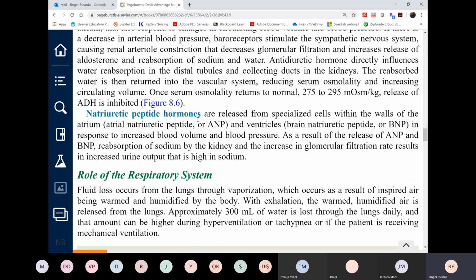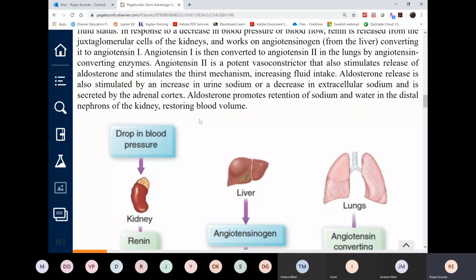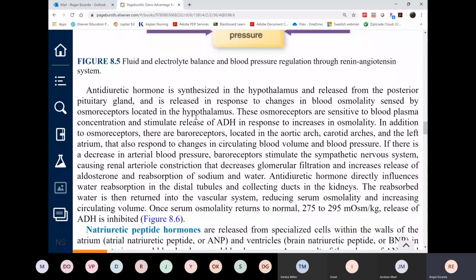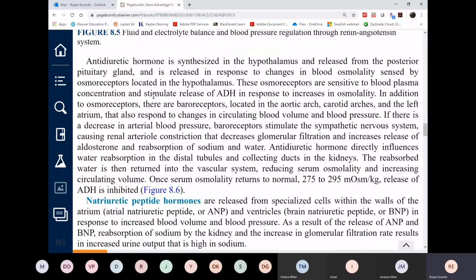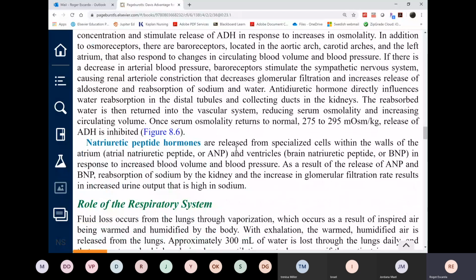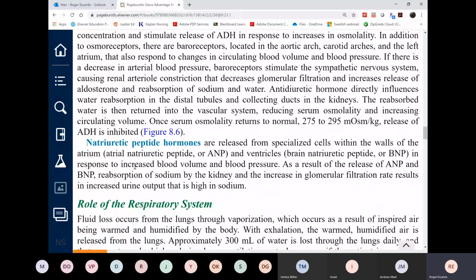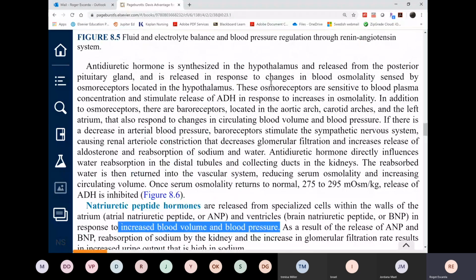So unlike here, wherein your renin-angiotensin system and your antidiuretic hormone release, this one is different because this one is in response to increased blood pressure and blood volume. So this is now the opposite. If you have a condition wherein you are in fluid overload, these will not be released.